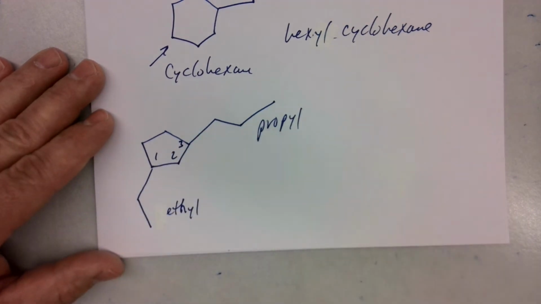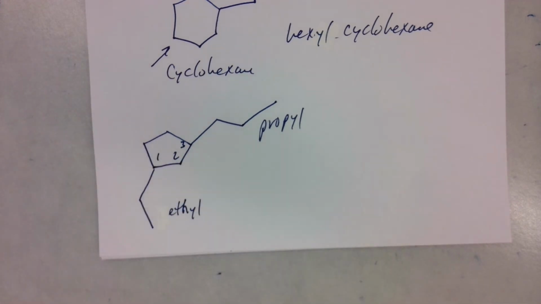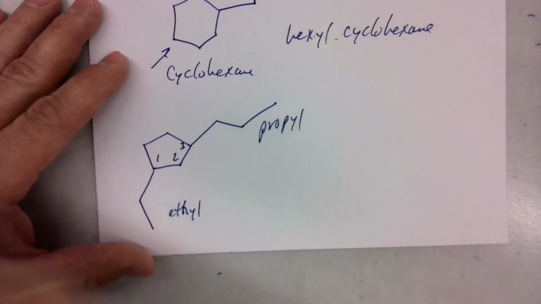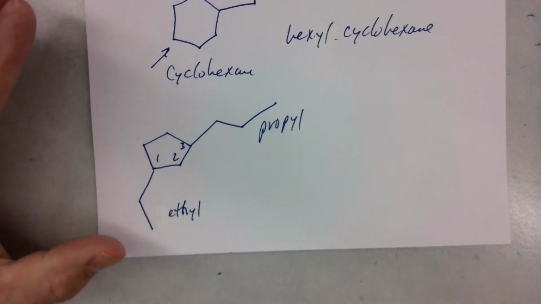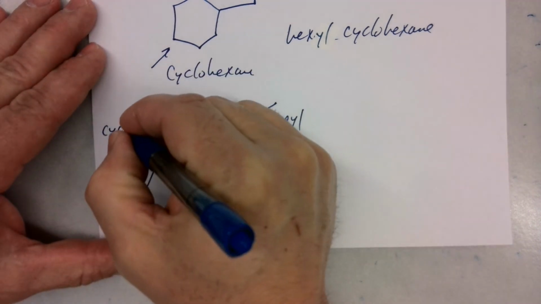Then I'm going to name it just like I would have named it before, other than this takes precedence. So when I'm done, what is this going to be? It's going to be a cyclopentane.